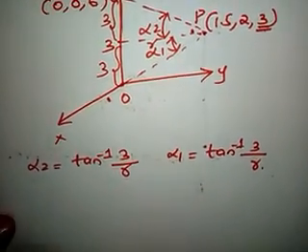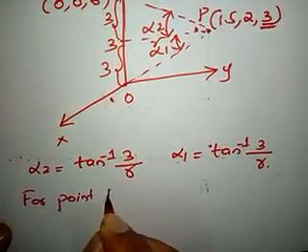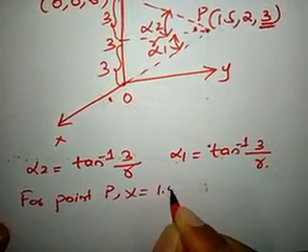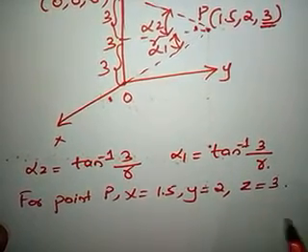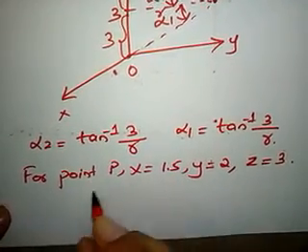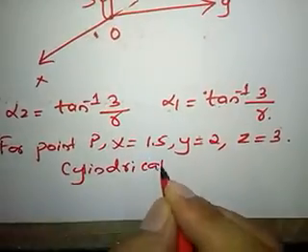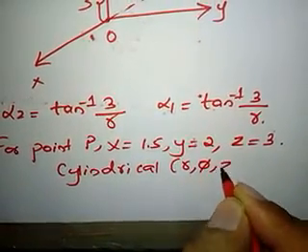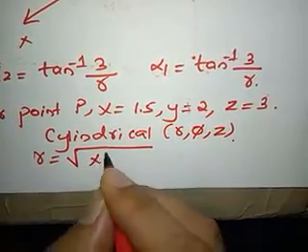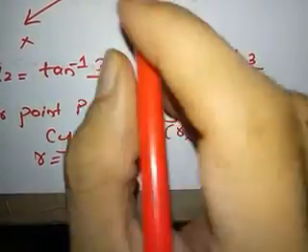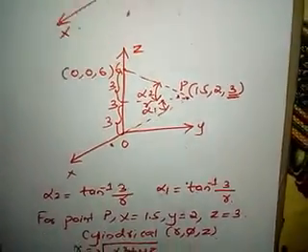For point P, we have X equal to 1.5 and Y equal to 2, Z equal to 3. Now according to the cylindrical coordinate system, where we have r, phi, z, right? r is equal to square root of x square plus y square. So this system is analogous to the cylindrical system, whatever example they have asked us to solve.